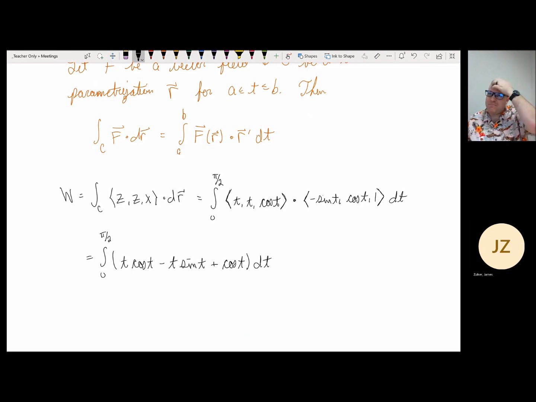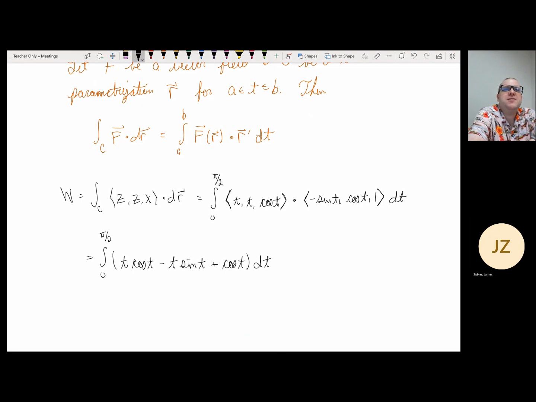T times cosine of t minus t times sine of t plus cosine of t. That is the dot product. This is where the fun is. Let's assume that I'm in a particularly bad mood and I say you're not allowed to use a calculator or a chart.